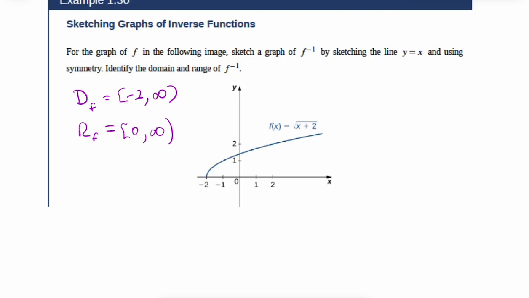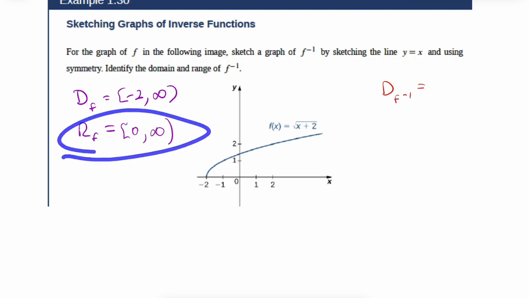Without ever drawing the new function, we already have the answer to domain and range for the new function. The domain of the inverse will be the range of the other. So the new graph will go from 0 to infinity.